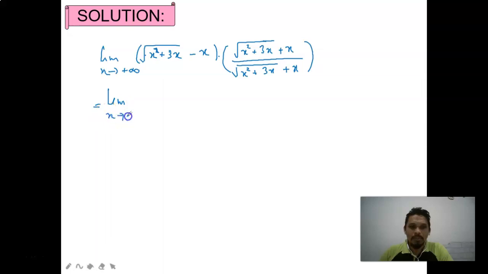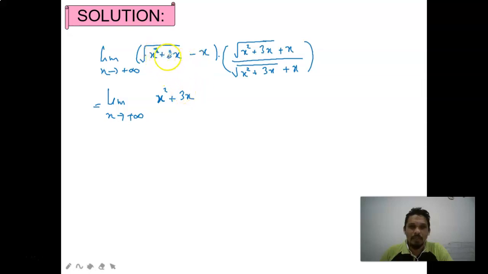Limit as x approaches positive infinity. For this one, the square root of x squared plus 3x multiplied with this one gives you x squared plus 3x, because the square root of x squared plus 3x plus x is the conjugate of the first term, the question itself.